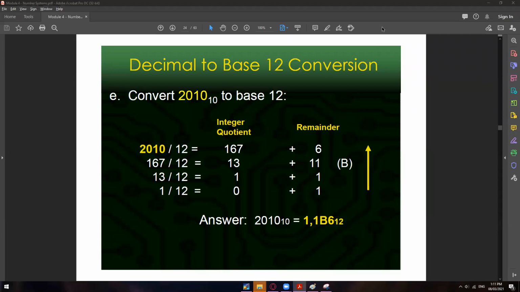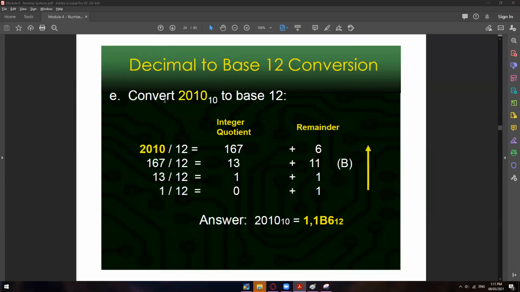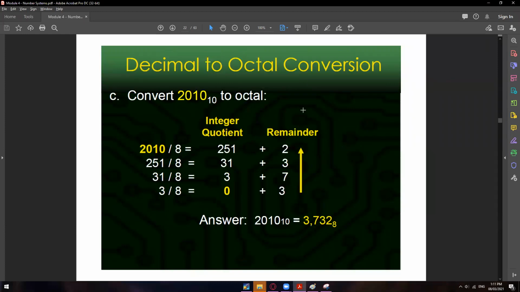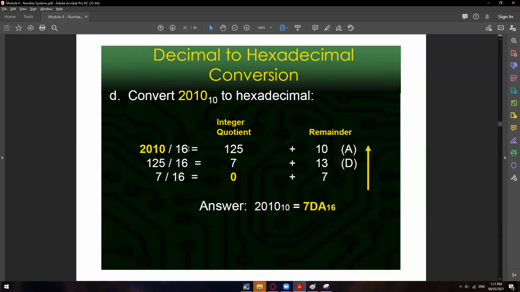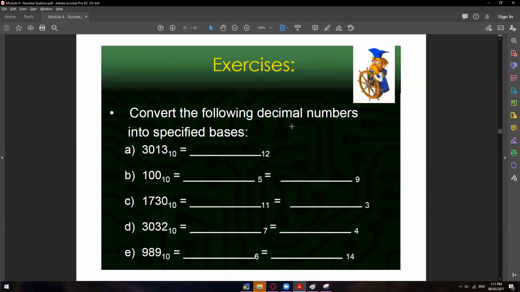So again, I'll just repeat those examples from C, D, and E only. So C, D, E, all of them are the same. It's just the divisor that keeps on changing. Divided by 8, divided by 16, divided by 12, but the process is the same. And then here are some exercises, but since we are not in a face-to-face setup, I will not give this one to you as your assignment.